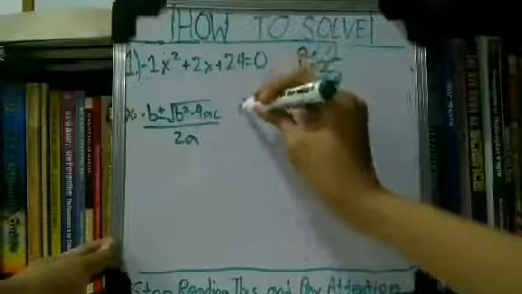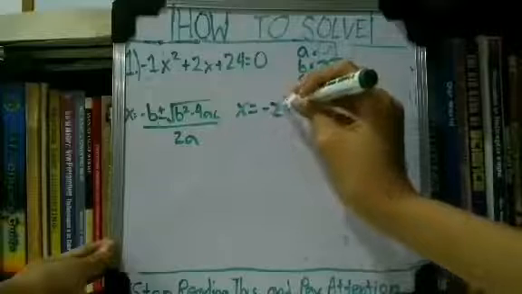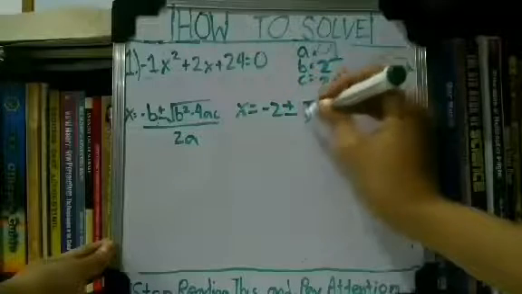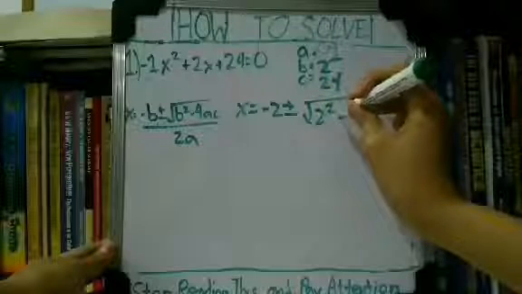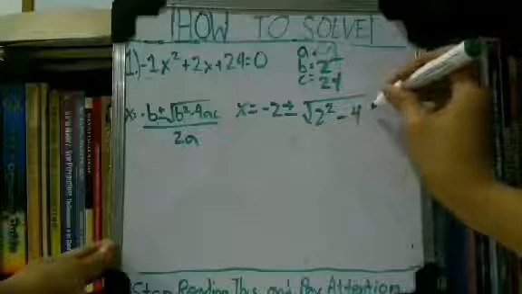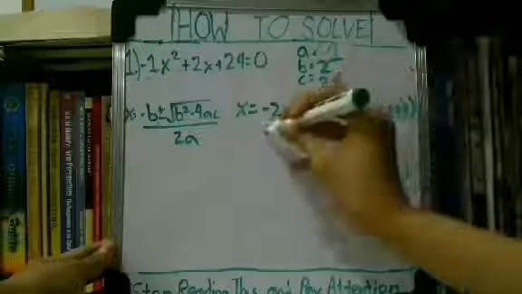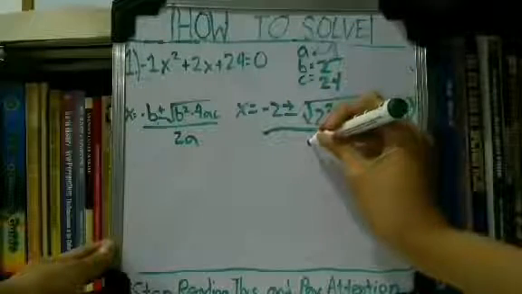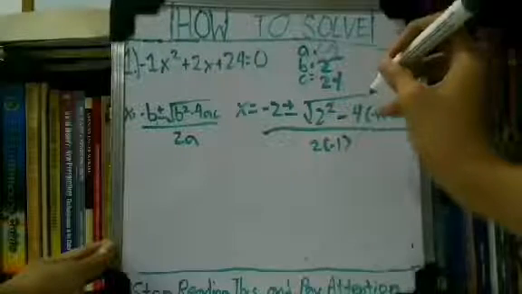So x is equal to negative b, so negative 2 plus or minus square root of b squared, being 2 squared, minus 4 times negative 1, c, 24, and all over 2a, which is 2 times negative 1.